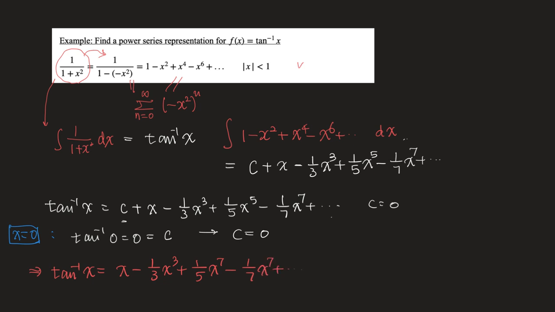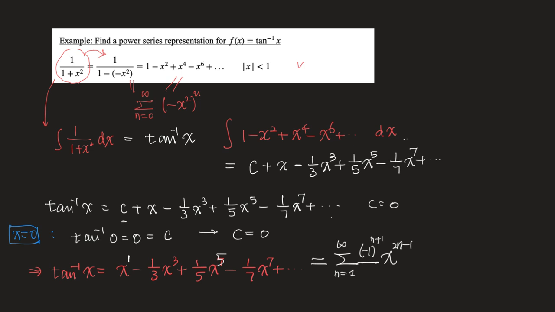How can we write this in summation notation, sigma notation? The powers are 1, 3, 5, 7, odd numbers, so x to the 2n minus 1, and n starts not at 0 but at 1, up to infinity. The sign changes, positive, negative, so negative 1 to the n plus 1, since the first term is positive.